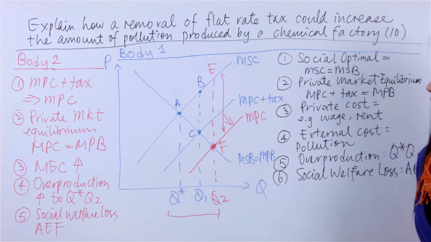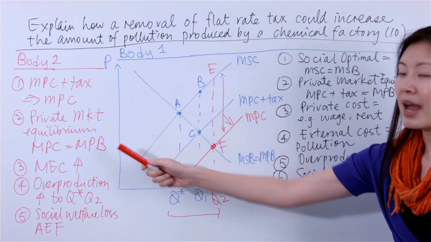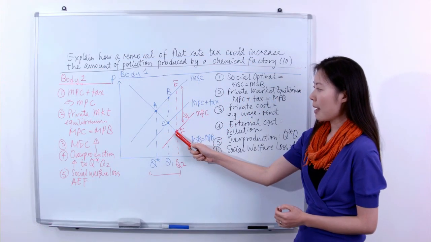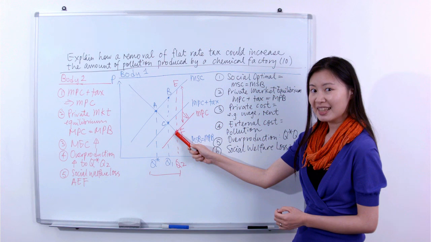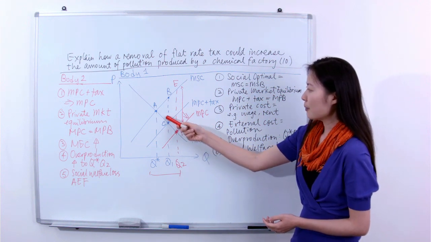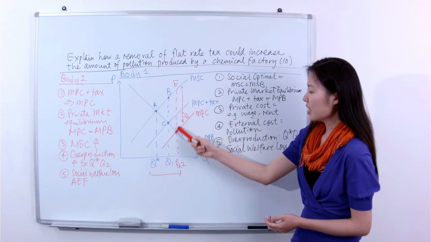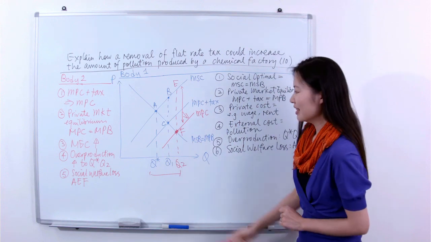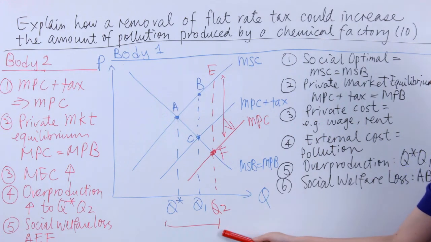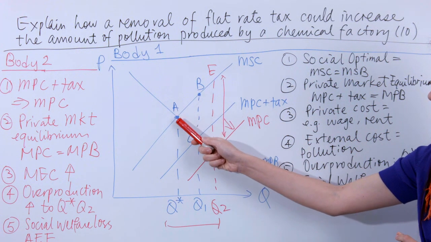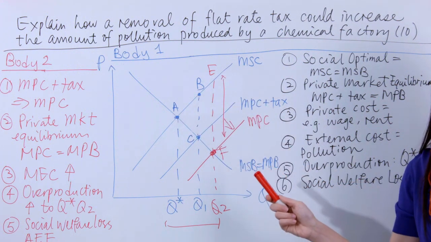The private market equilibrium has now changed to this point where MPC equals MPB. The marginal external cost increases from here to the red line here. The economy's overproduction increases as well to Q star Q2. And the area of the welfare loss also increases from area ABC to area AEF.